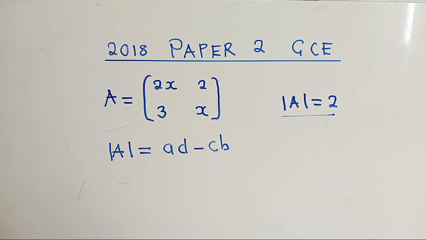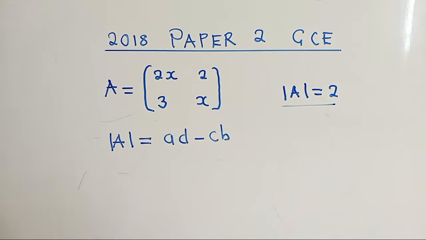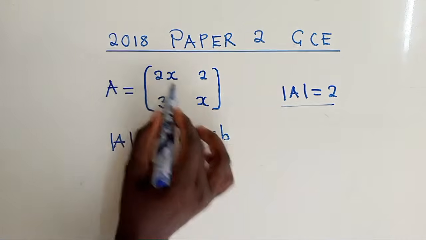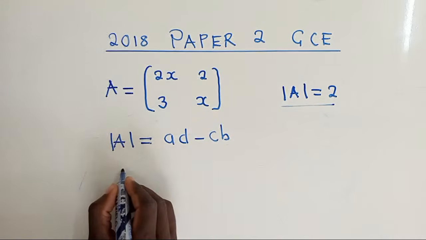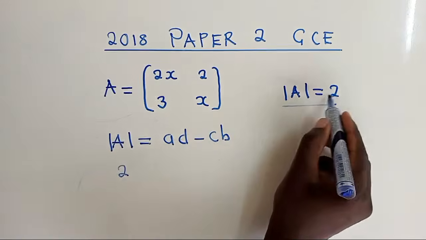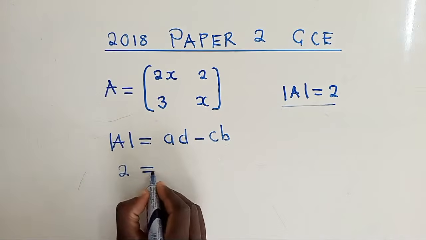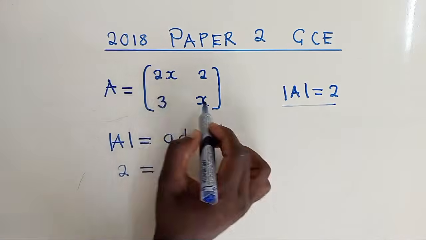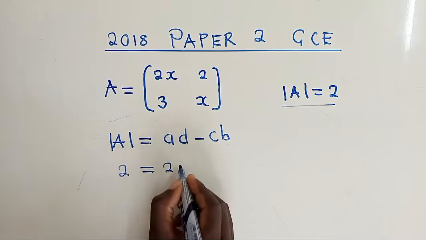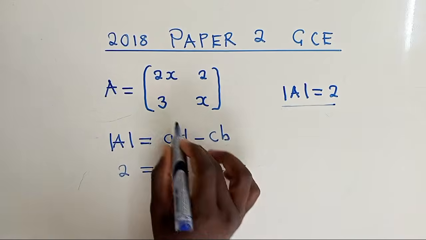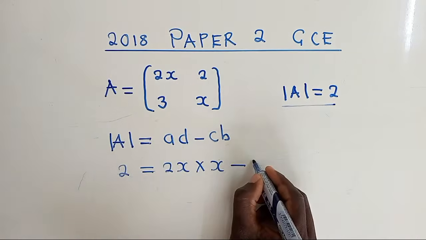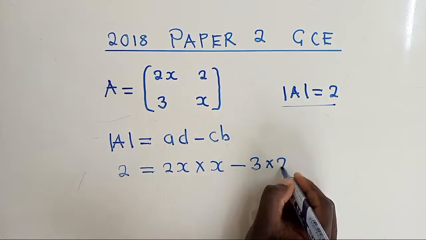All right, so you just multiply the major diagonal minus the multiplication of the minor diagonal. So here we shall have a 2. This 2 as a determinant is equal to 2x times x minus 3 times 2.